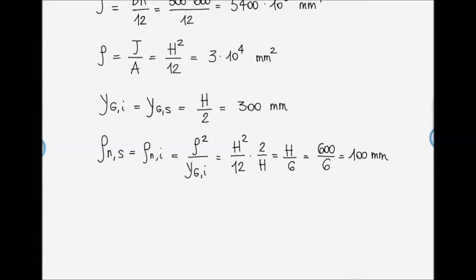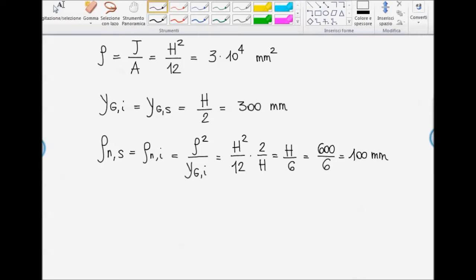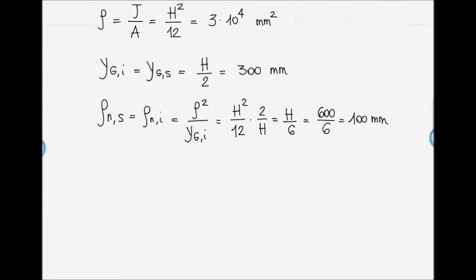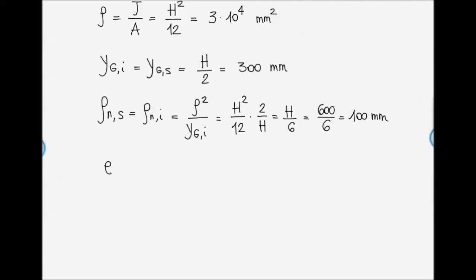We have already seen in the previous lectures that the dimensions of the central core of inertia for a rectangular cross-section, considering only the concrete, is equal to H over 6. So in this case, the value of the eccentricity E with respect to the centroid of the concrete cross-section is equal to 80 millimeters.